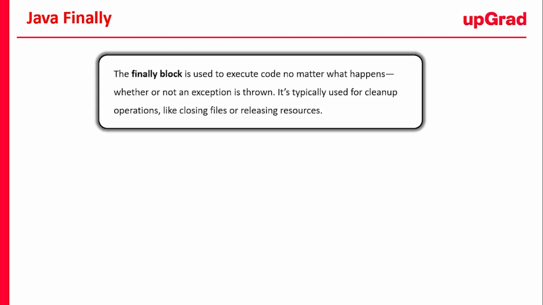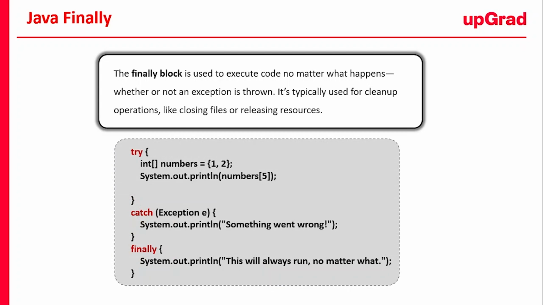If I have to show you the syntax of it, it's very simple. As you can see on the screen, try block is there, catch block is there, and finally is there. You know the syntax of try and catch block, right? We just did this example where we try to access the fifth index element, but there are only two indexes. So something went wrong, and the message is being printed, and then finally is there.